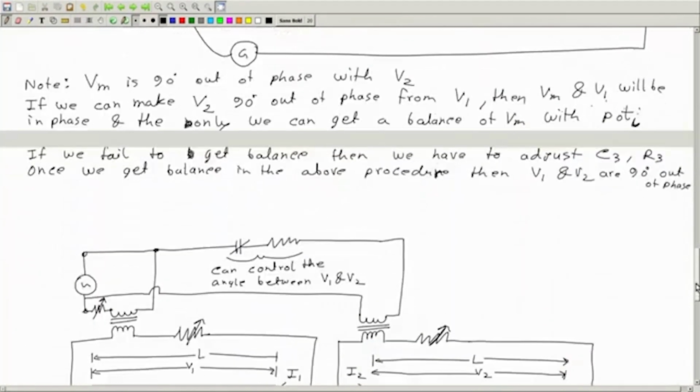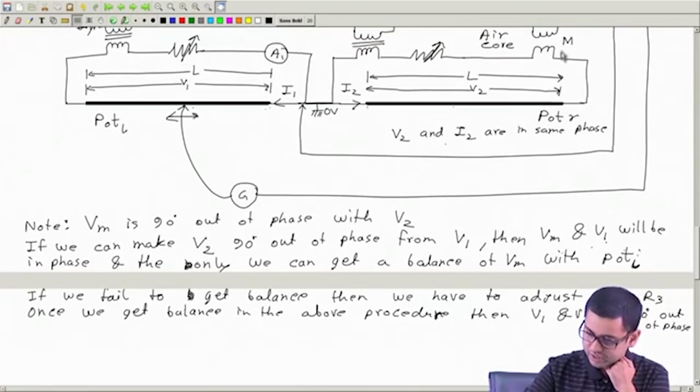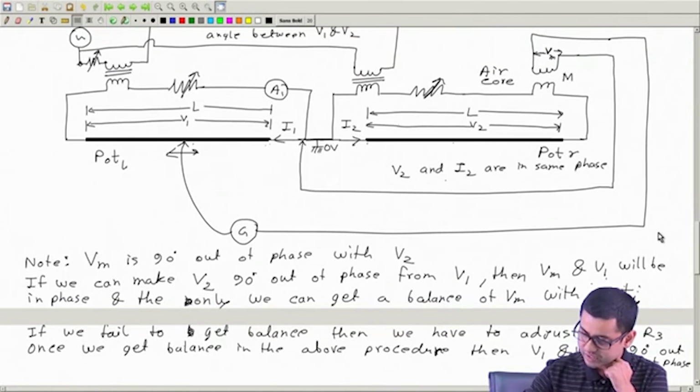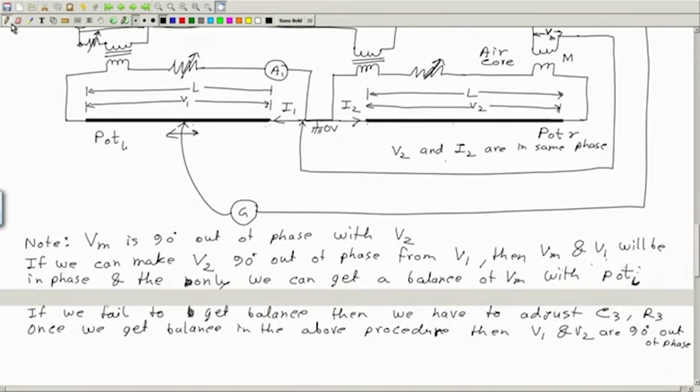Okay. So, now say if this is M, then from the value of Vm, how can we get the value of I2? Let's write it this way.